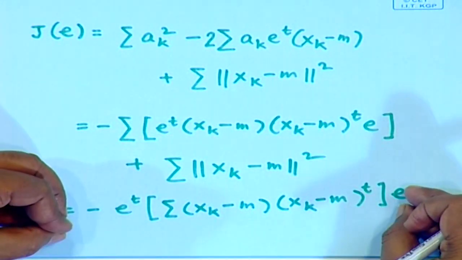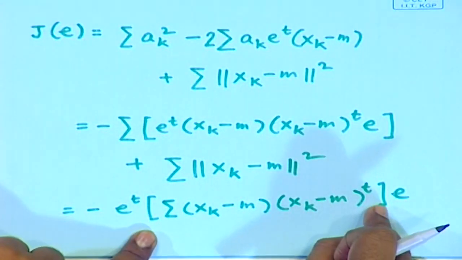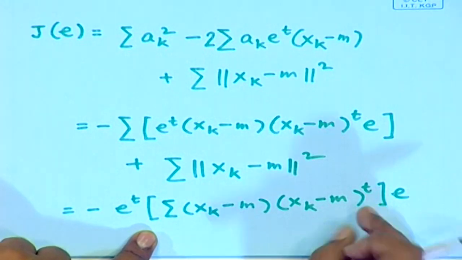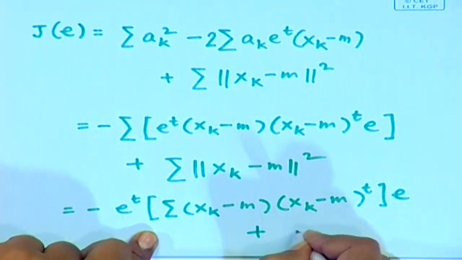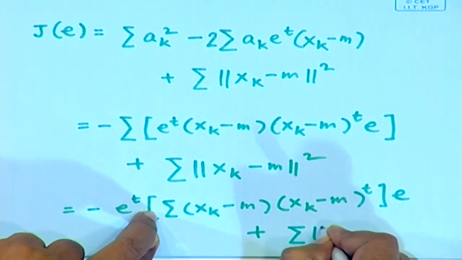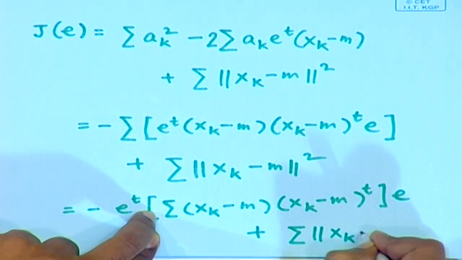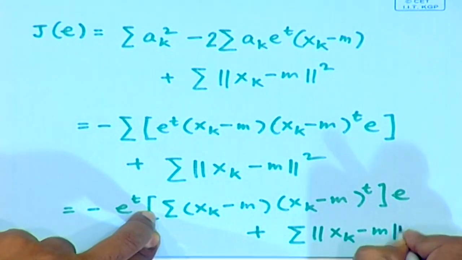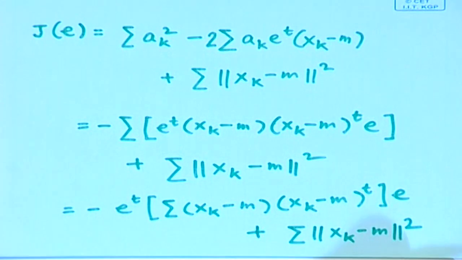So I can take this E out of the summation expression, because this summation is over k varying from 1 to n, plus summation of xk minus m square. So it remains the same.